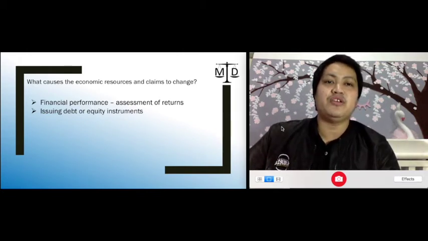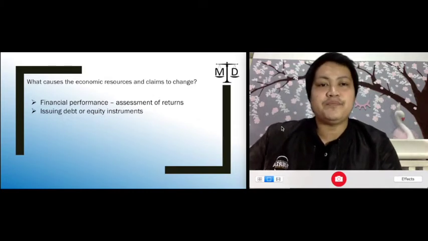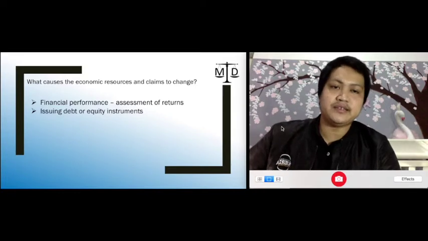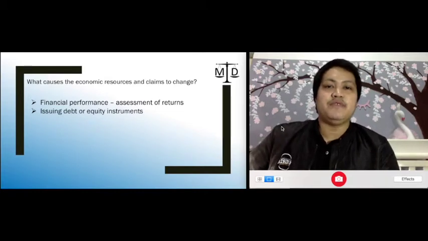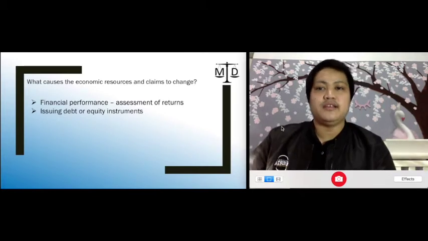It may just be because the entity was forced to settle or pay out the liability. So you will have to consider the changes in your economic resources together with the changes in the claims against the entity, to have a clear picture of the viability of the entity as a potential investment, or whether or not you should continue to invest or be associated with the entity.